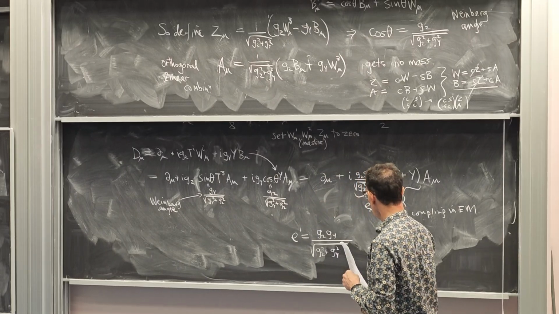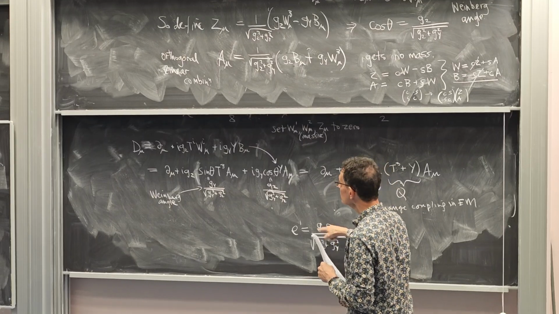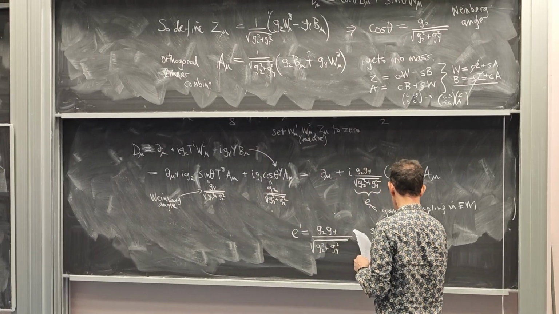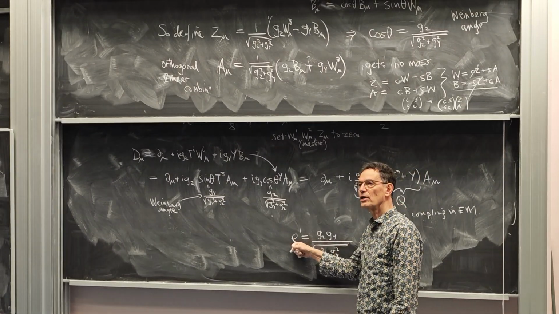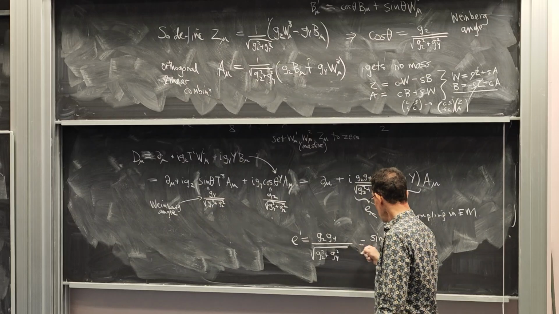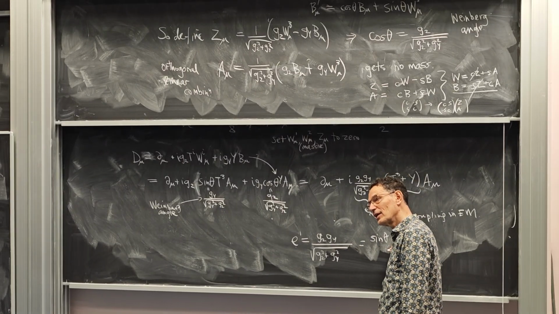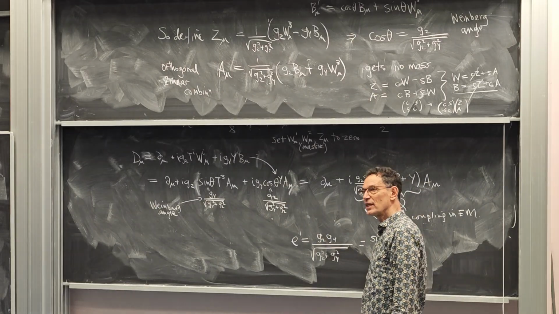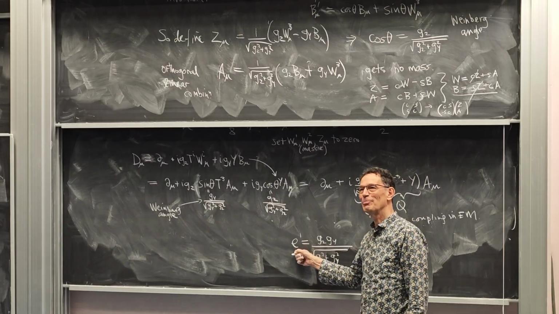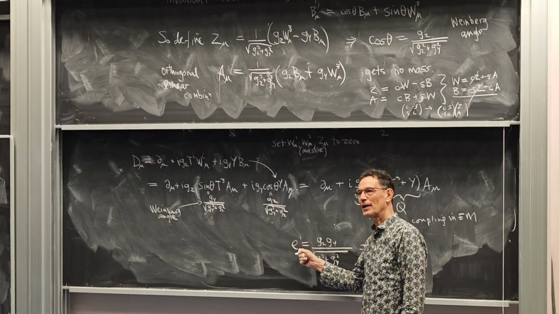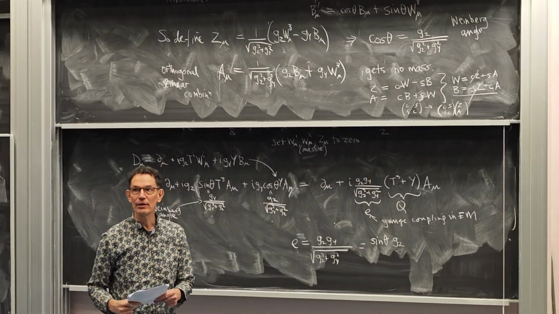Actually, it's quite ironic because this is equal to sine theta times g2. This is less than 1. So the electric charge in QED is smaller than the weak gauge coupling in the weak theory. So actually the weak theory isn't so weak. The coupling in the weak theory is bigger than the coupling in E and M. In fact, E and M is the weakest gauge coupling in the standard model.